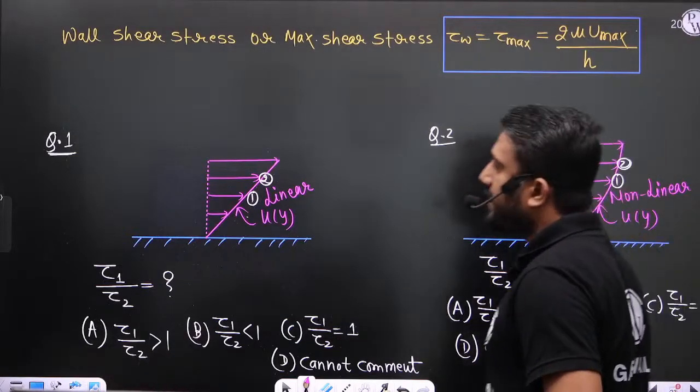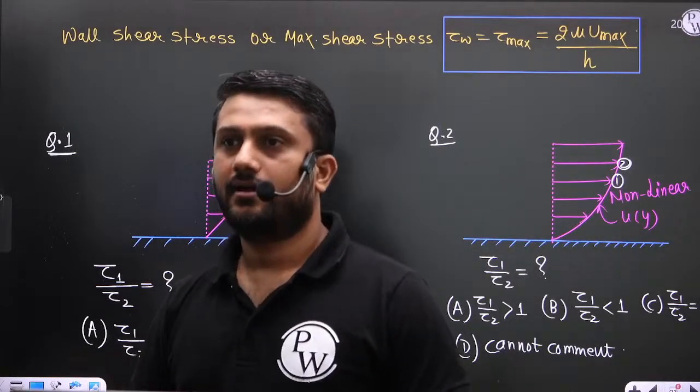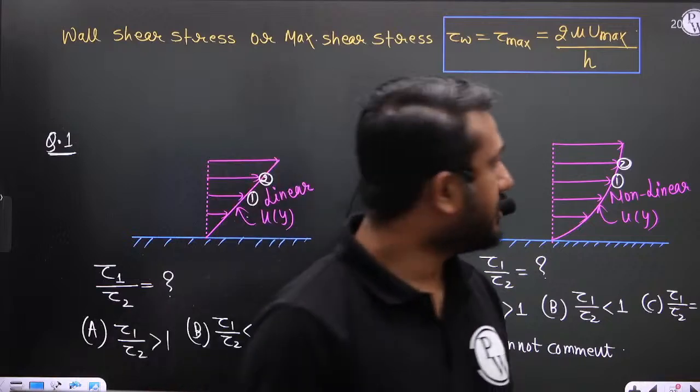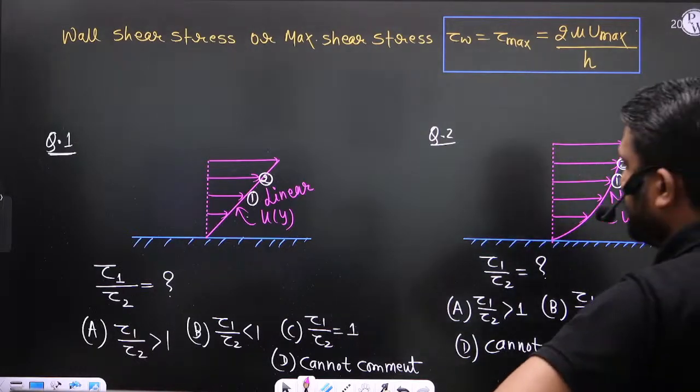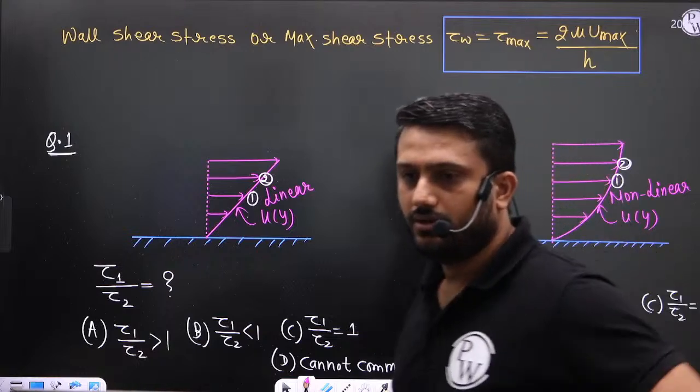Tell me the answer for question number 1. In question number 1, the velocity profile is linear, whereas in question number 2, the velocity profile is non-linear. So what is the question? The question is the tau 1 by tau 2 ratio. So tell me.